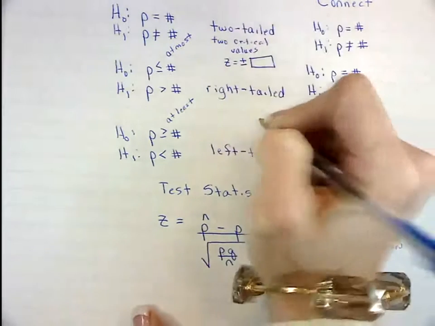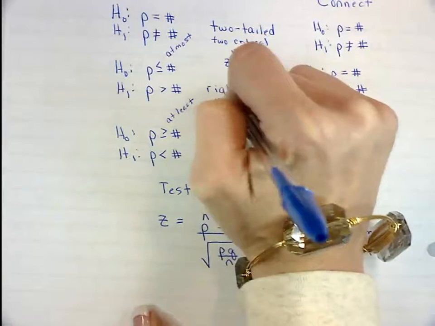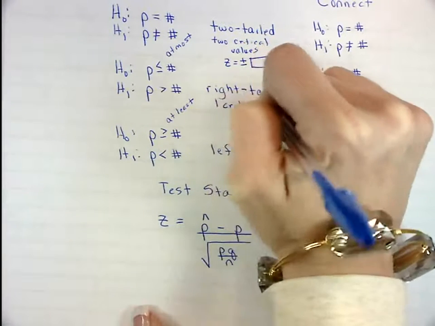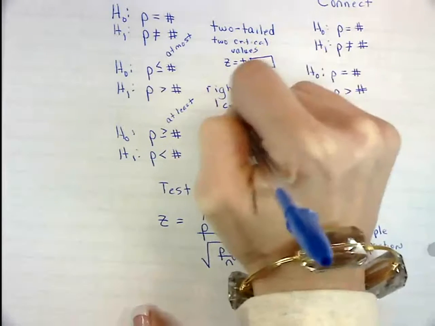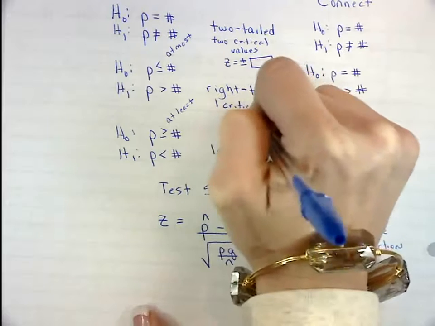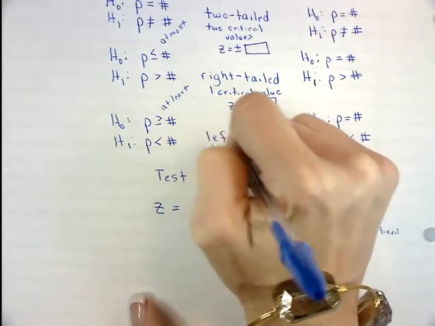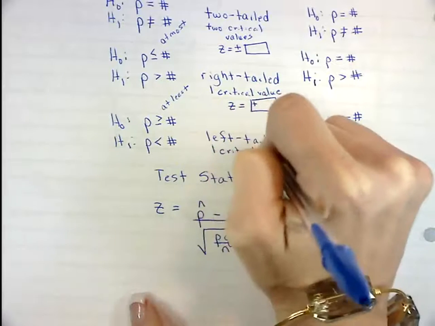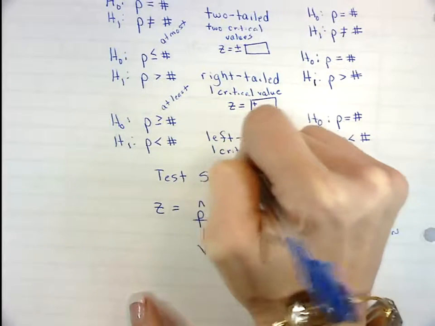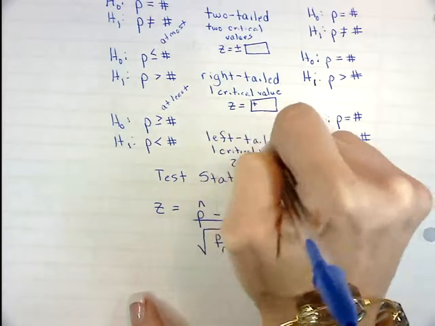If it's right-tailed, you have one critical value, and that is z equals some positive number. And if it's left-tailed, you have one critical value, and that is z equal to some negative number on the z-axis.